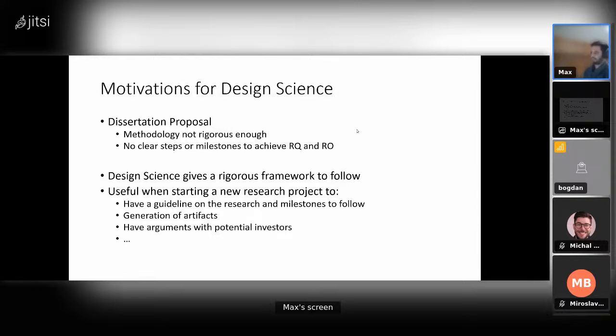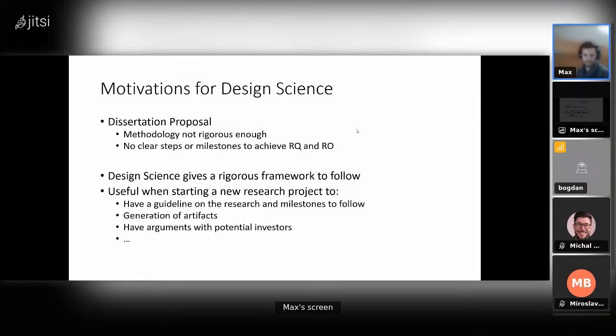I had my dissertation proposal defense, and one weak point, let's say, was that I had some methodology, but it was not rigorous enough in the sense that I didn't have any milestones or time frame, or KPIs to really support the methodology of my thesis. And one way that was found to solve this issue was to actually use design science.